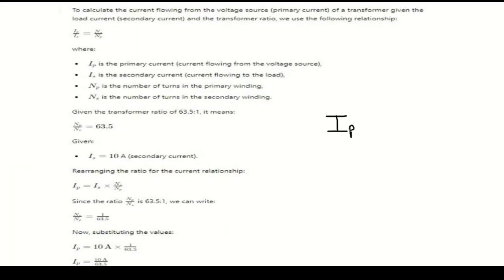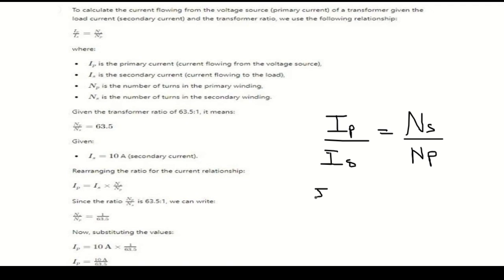If you look at different documentations, you'll see different formulas being used, but they all work out to be the same. Some you will see as NP over NS is equal to IS over IP. It will work out the same. So we're trying to make IP the subject.